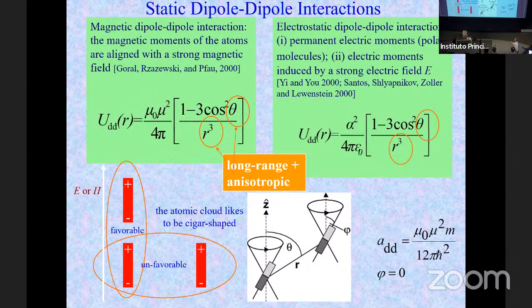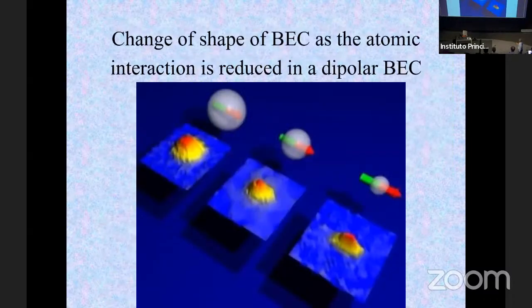There are two possibilities. One is the magnetic dipole-dipole interaction between these atoms. Also, you can have between molecules the electrostatic dipole-dipole interaction. This is electric and magnetic. So the important thing is that if the two dipoles are oriented like this, it is stable and attractive, favorable, and this is unfavorable. And this is the interaction potential.